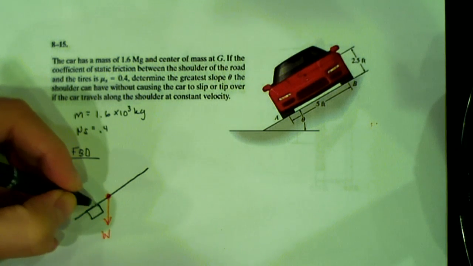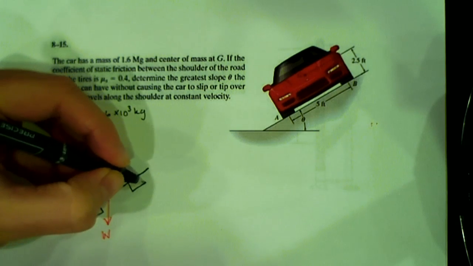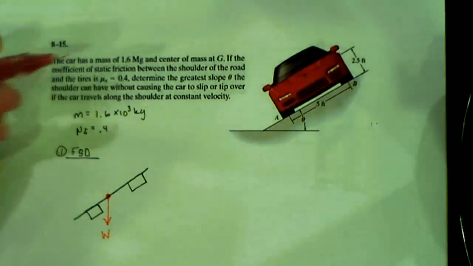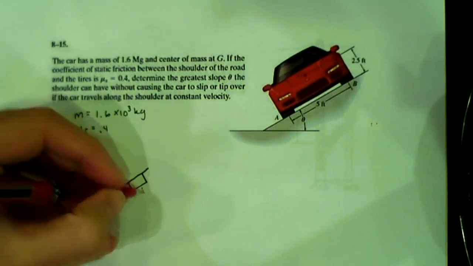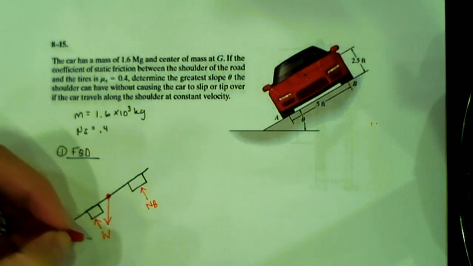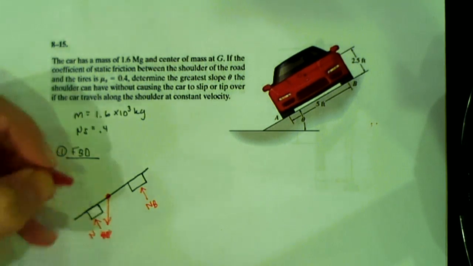You guys like my car? There's a tire. There's a tire. So on each, don't laugh at my car. It's awesome, okay? So here we have a normal at B. And here we have, oh, that W got in the way.